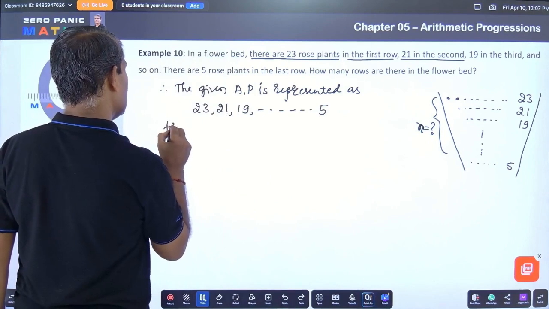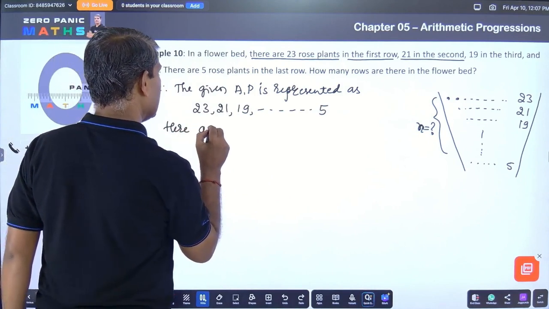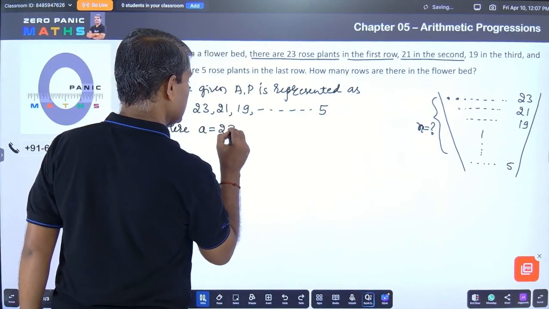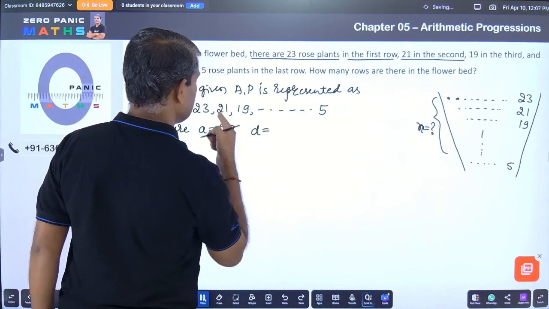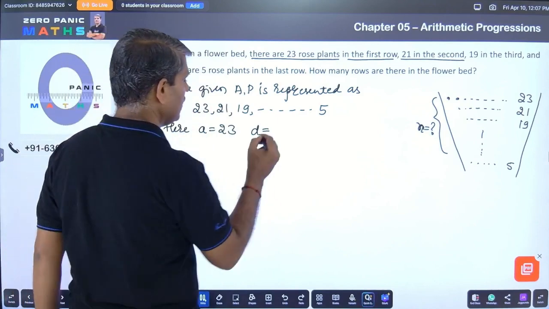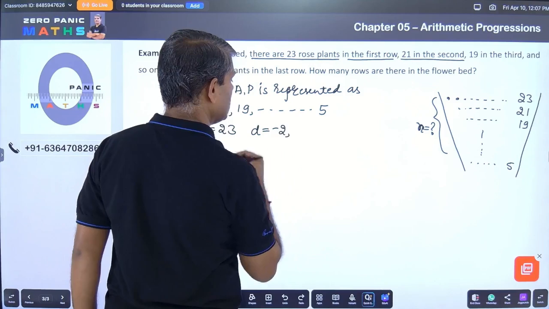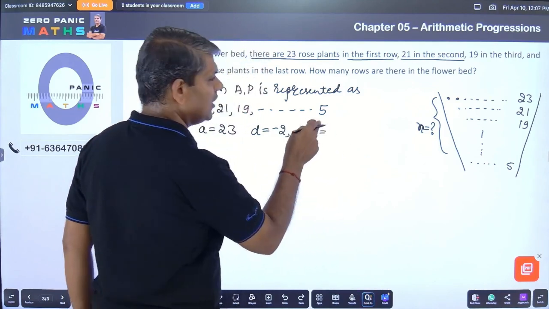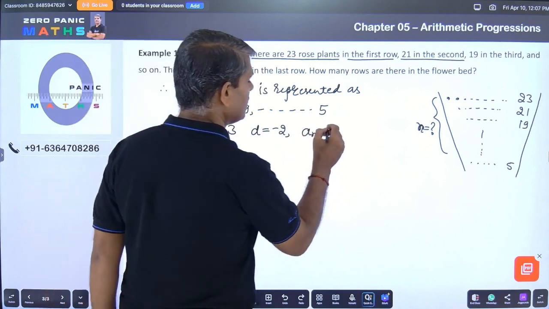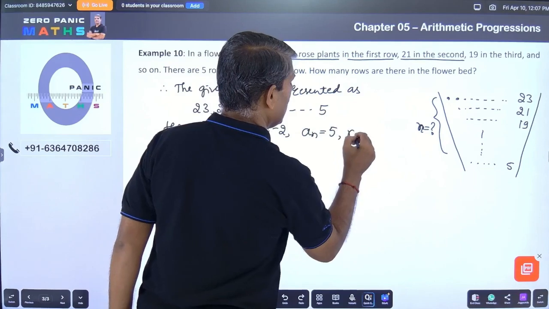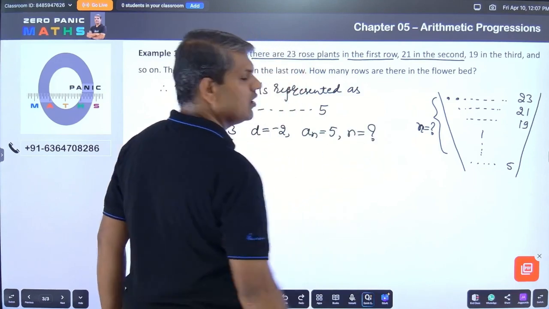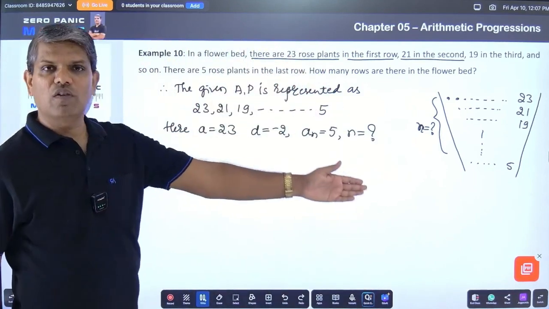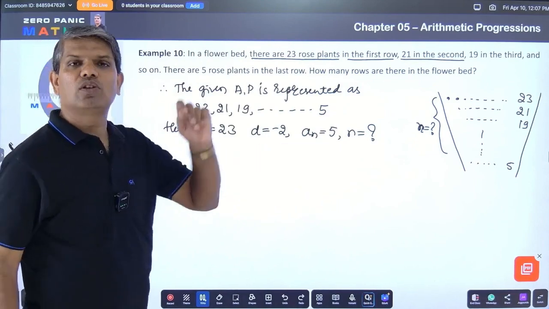So you write that A is 23, and D is minus 2, 21 minus 23. AN, the last term, is 5, and we are asked to find N, the number of rows. That makes AN equal to 5.